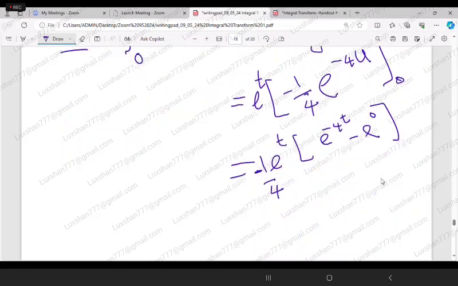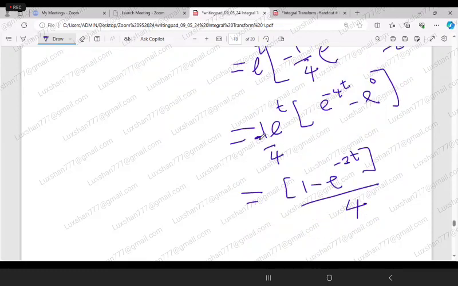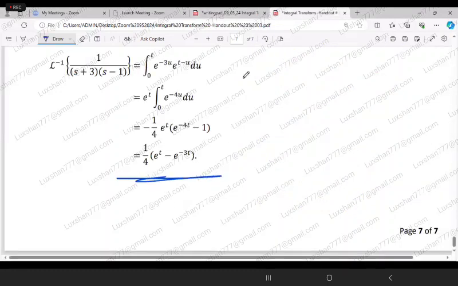Therefore, if you multiply by minus 1, then you can write this as 1 minus e to the power minus 4t. Okay, what I am doing here, this is equal to 1, and I am multiplying by minus 1, and I am getting this answer. That should be the answer, I think.